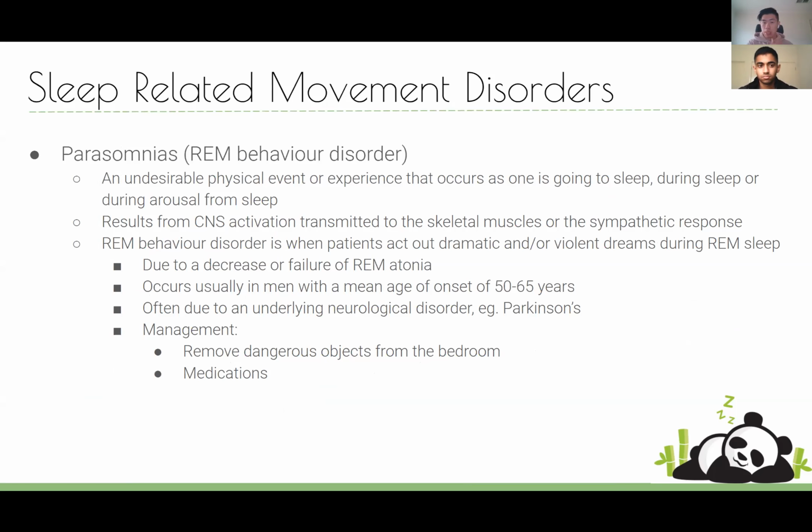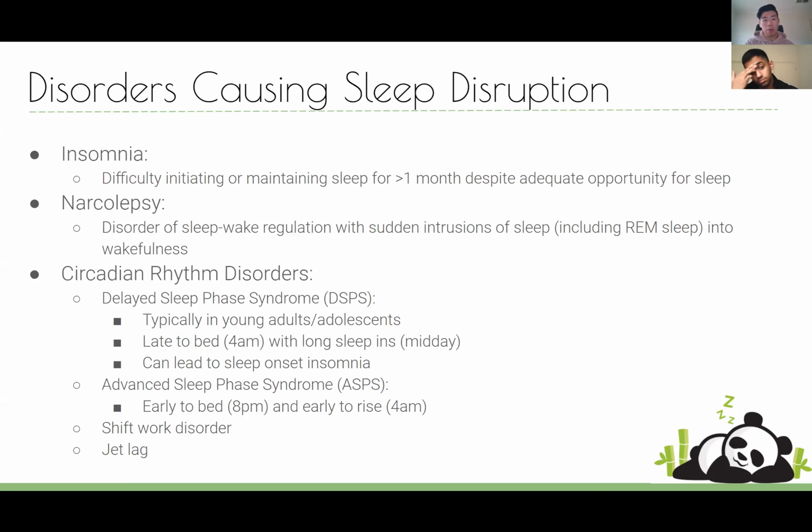And parasomnia is an undesirable physical event or experience that occurs as one is going to sleep, and it's because of CNS activation. All these 3 conditions, again, probably aren't the most high yield, but they exist and are therefore relevant to someone.